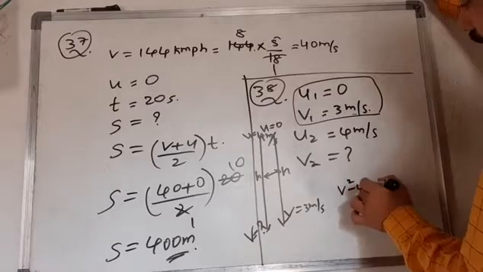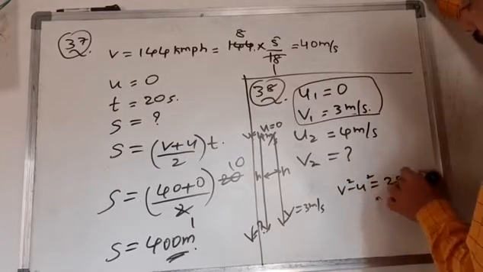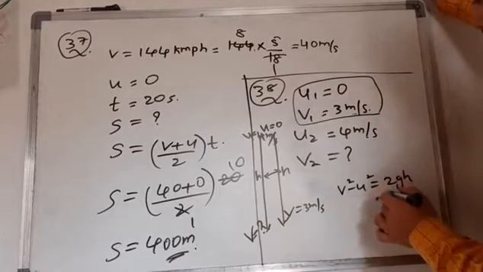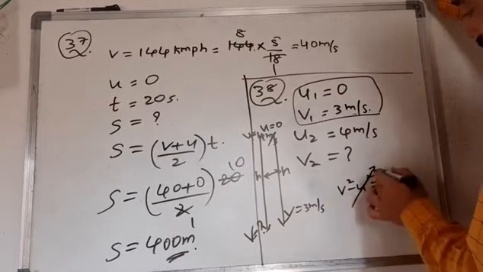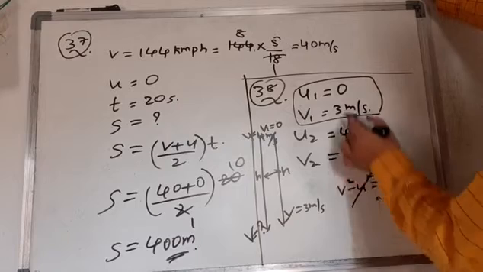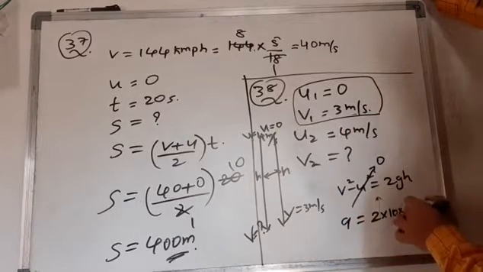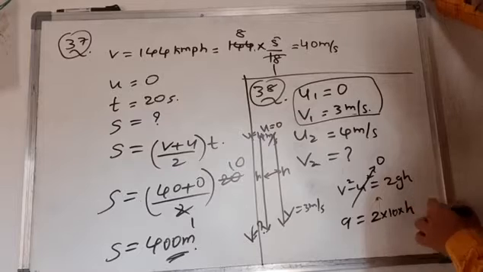So v square minus u square is equal to 2gh. U is 0, so u square is 0, v square means 9. 9 is equal to 2 into 10 into h.